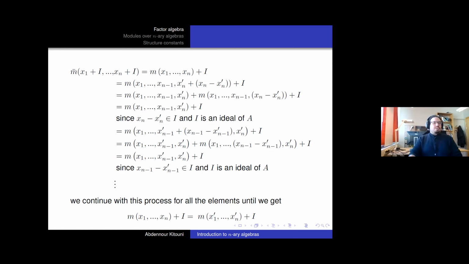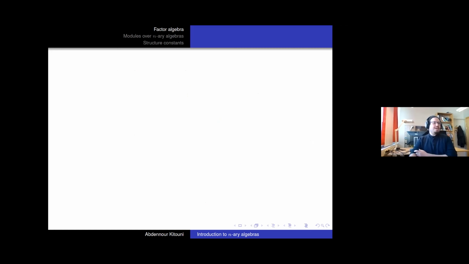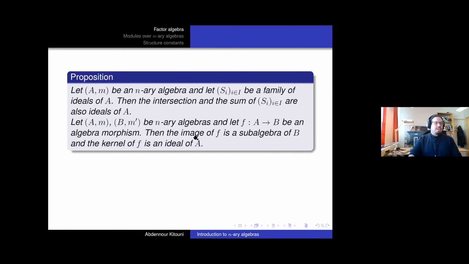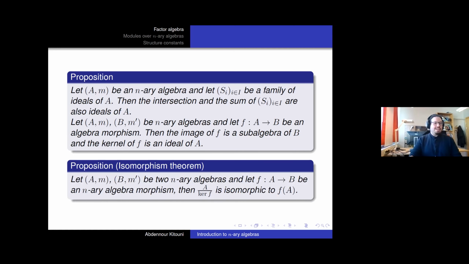A few other properties also related to the ideals and the factor algebra is that if I take a family of ideals of A, then their intersection and their sum is also an ideal of A. Also, the image of an algebra morphism is a subalgebra of B, and the kernel of the algebra morphism is an ideal of A. And then we have the well-known isomorphism theorem that extends naturally to the case of n-ary algebras.